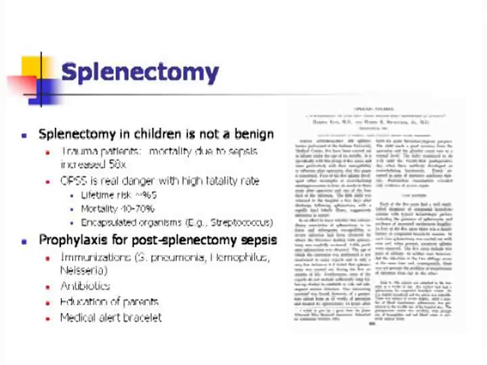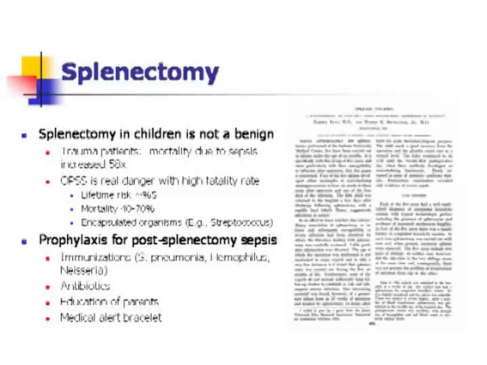I don't know if it's that high anymore with more modern antibiotics, but the old series described an exceedingly high mortality rate. Most of these patients are infected with encapsulated organisms, especially Streptococcus. So whenever you have a splenectomy patient, you need to be thinking about how to keep that child from getting post-splenectomy sepsis, okay?